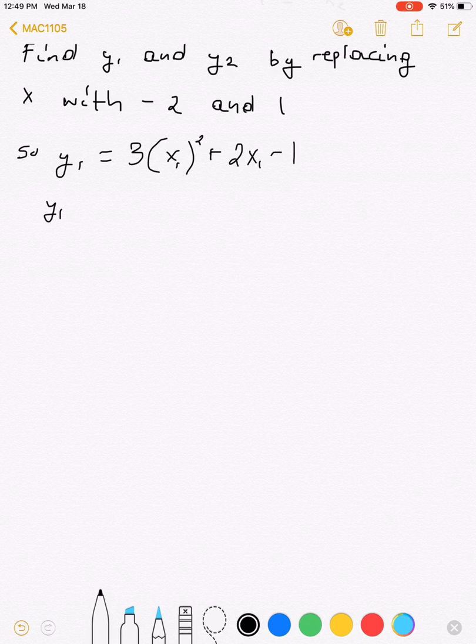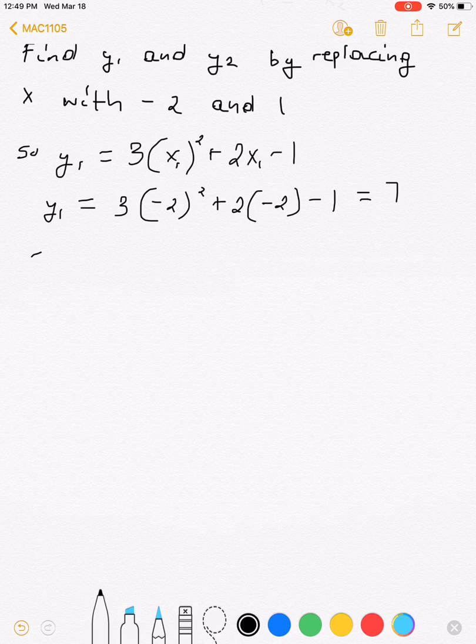So y1 is equal to 3 times, again replacing x1 with -2, squared, plus 2 times -2 minus 1. When you evaluate that, we end up with y1 equals 7. So we have the point x1, y1 with coordinates -2, 7. Okay, so we're going to save that.